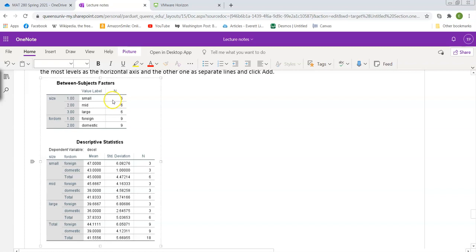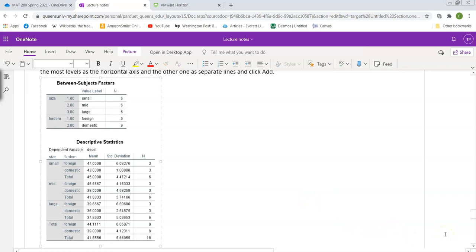It tells us we've got 6 small, 6 mid-size, and 6 large, and then we've got 9 foreign and 9 domestic. Down here you can see that we only have 3 in each combination. So we have 3 small foreign cars, 3 small domestic cars, etc. So that's just our sample sizes. That's not all that useful.